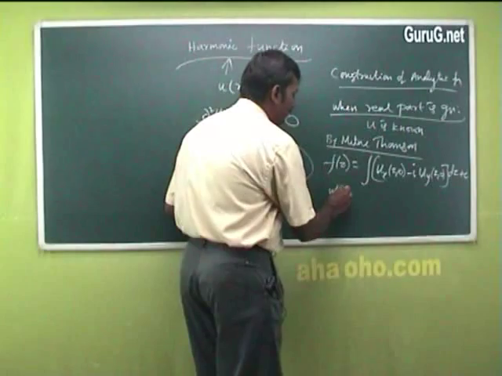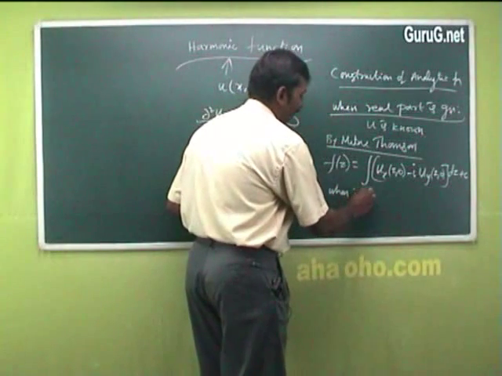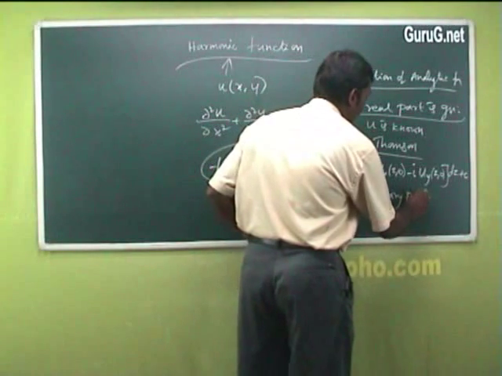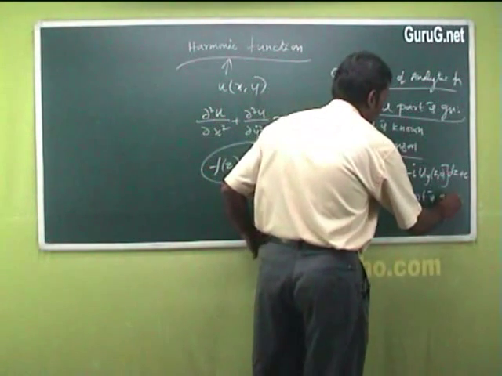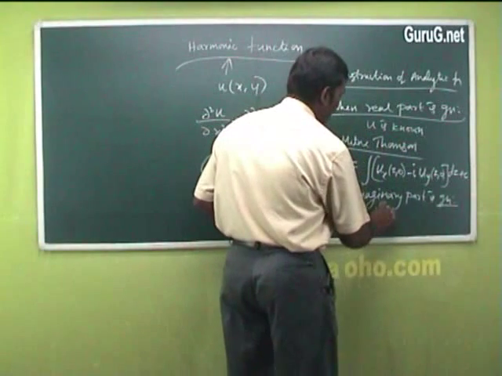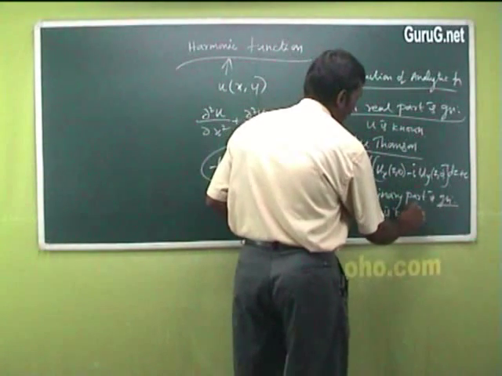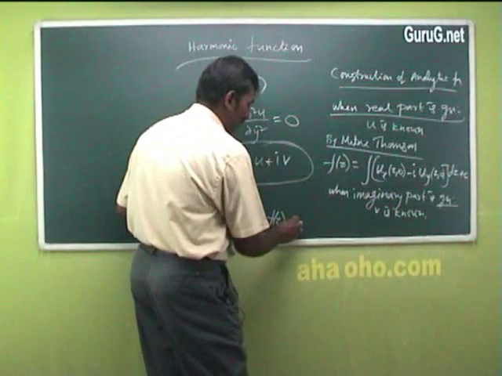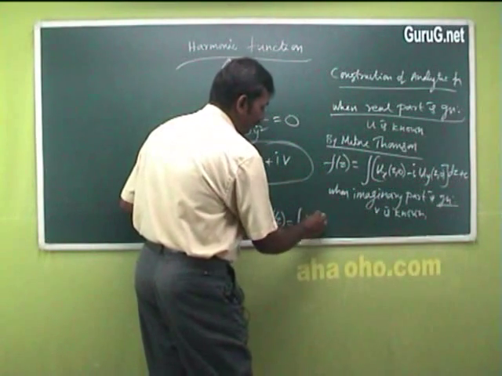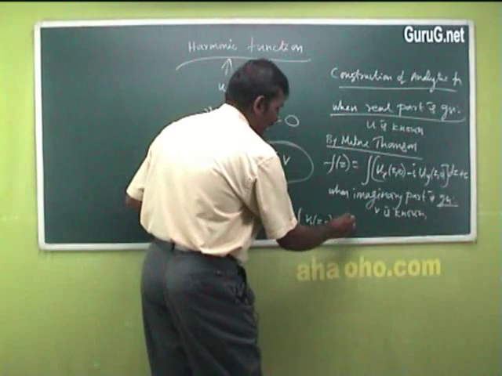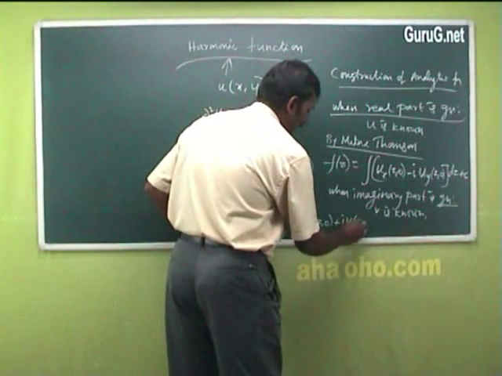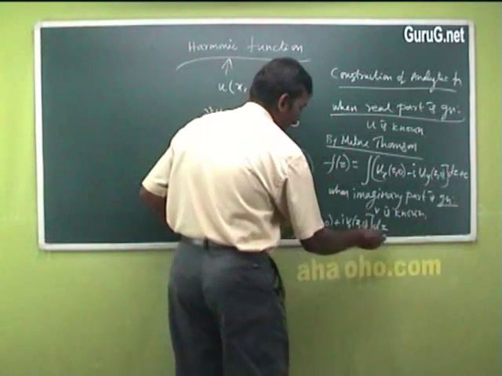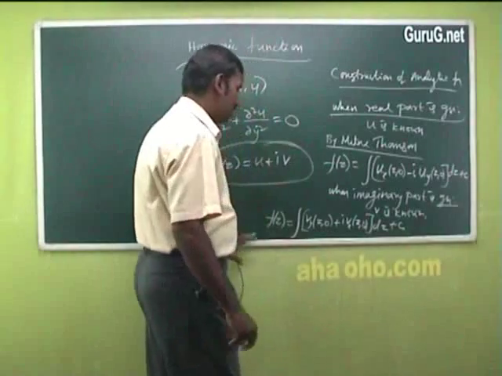When the imaginary part is given and v is known, f of z equals the integral of vy of z comma 0 plus i into vx of z comma 0 dz, also by the Milne-Thomson method, plus c1.